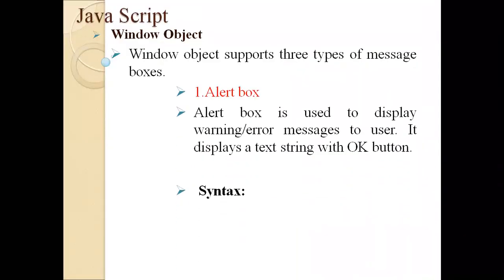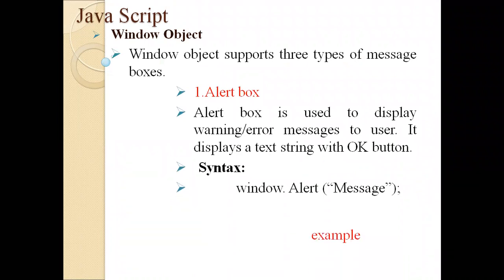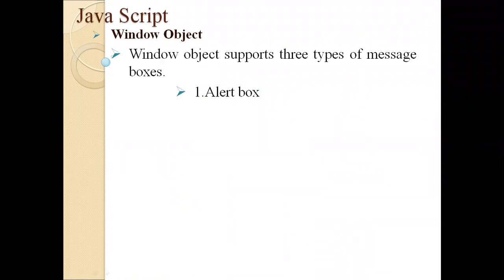This is the slide of the alert box. It is already completed. The second type of message which can be used along with the window object is the confirm box. The confirm box is very similar to the alert box.